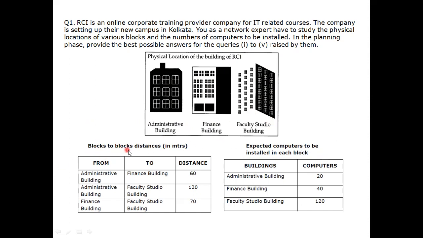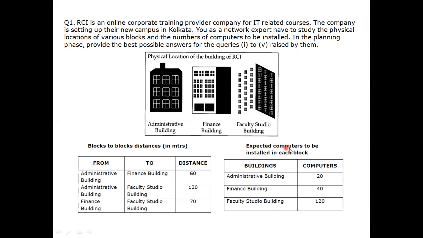Block to block distance means whatever the distance is between these two blocks. Administrative building to finance is 60 meters. Administrative to faculty, that means first to third, is 120. And finance to faculty is 70. Okay, so this is the distance.